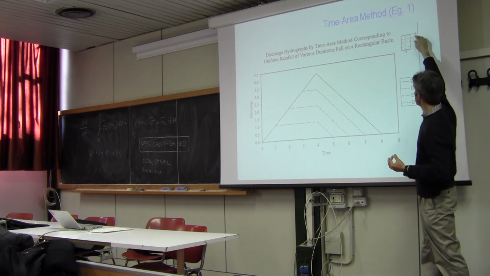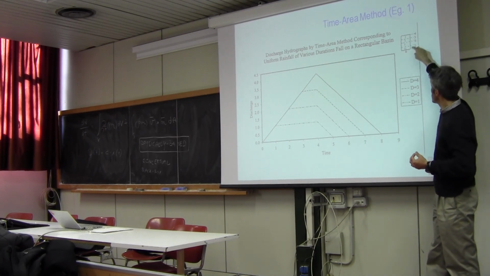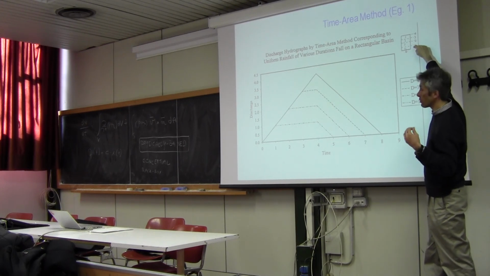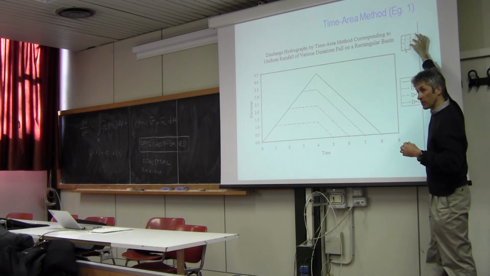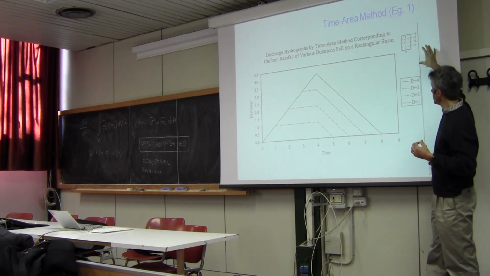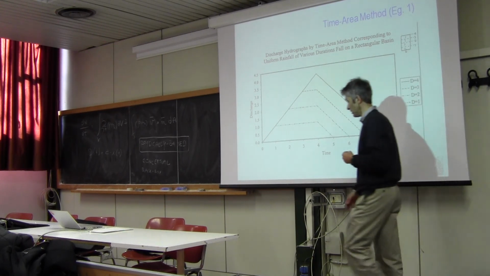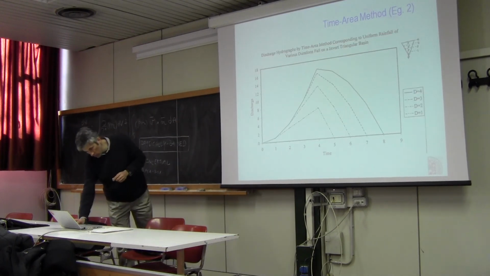So in this case, you see that this is a rectangular watershed which has equal values for each sub-area between the isolines. And then if you have a uniform rainfall, you get this hydrograph. But again, you don't need to study this in detail.